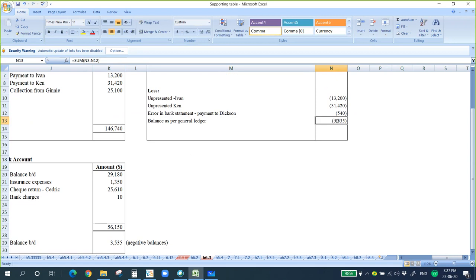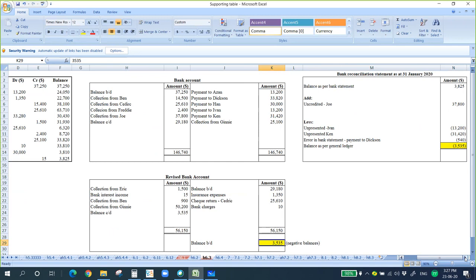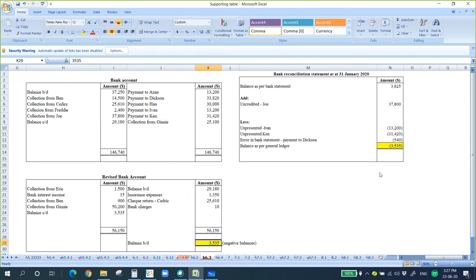So if you can match this amount with this amount, it means that your answer is correct. So kindly have a look. So we have ended the discussion of home exercise 6.3.